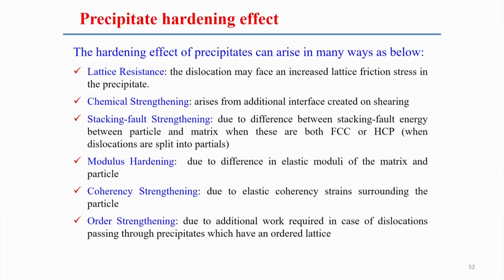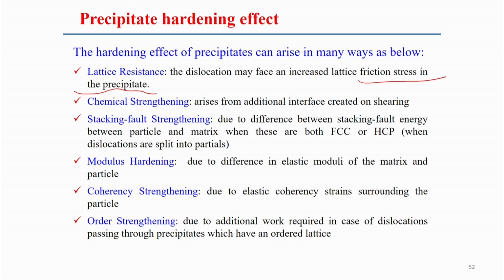The hardening effect of precipitates can arise from many other sources also. One is lattice resistance: the dislocation may face an increased lattice friction stress in the precipitate, which imparts the hardening effect. Chemical strengthening arises from the additional interface created on shearing.